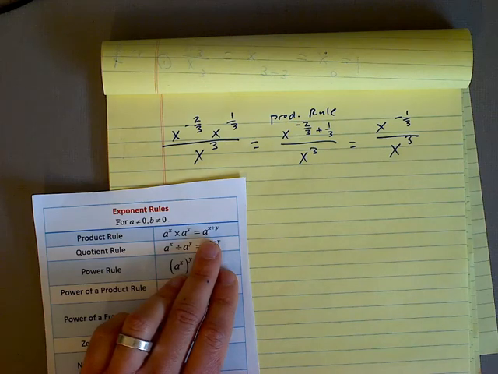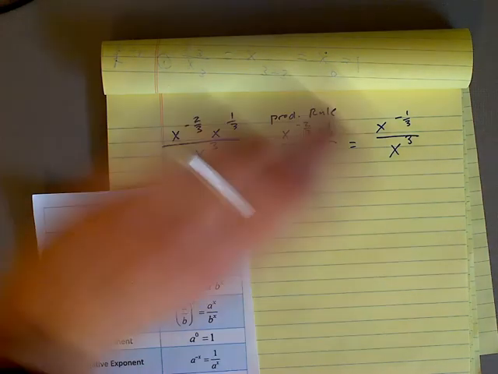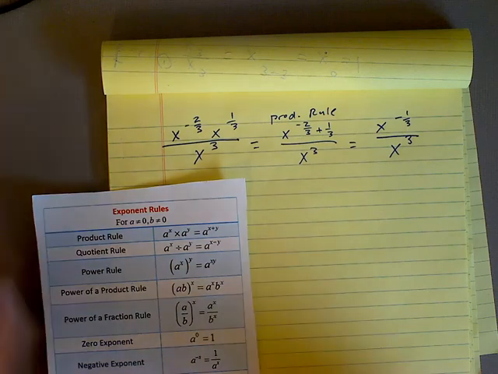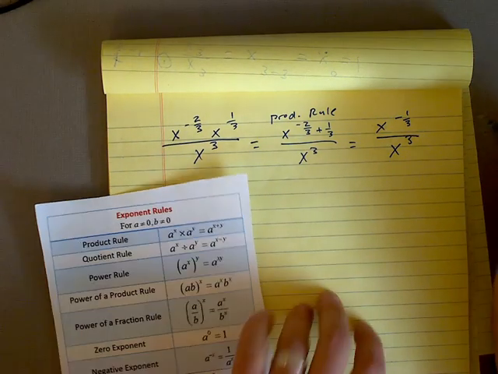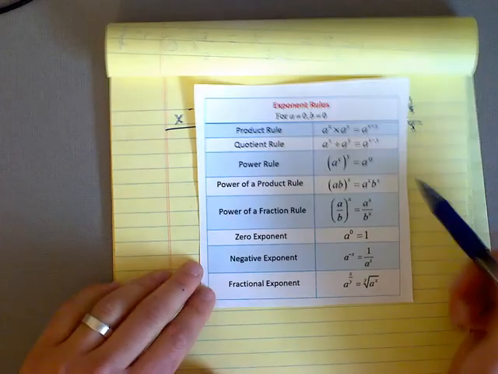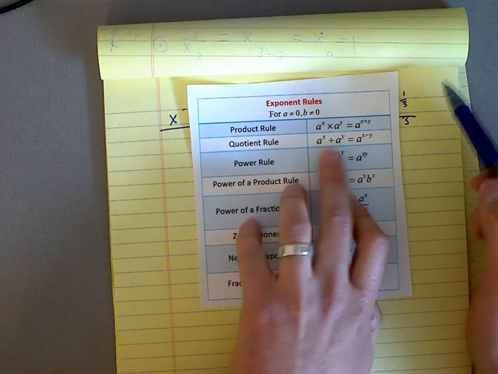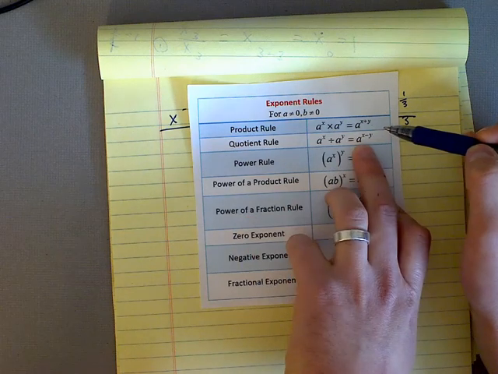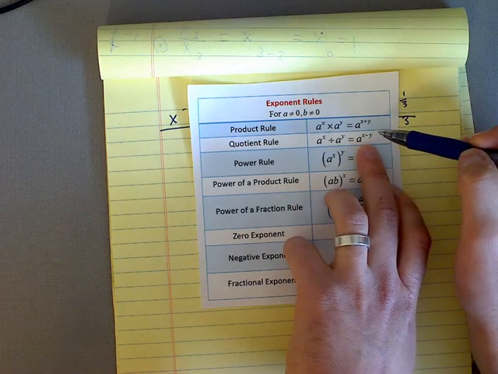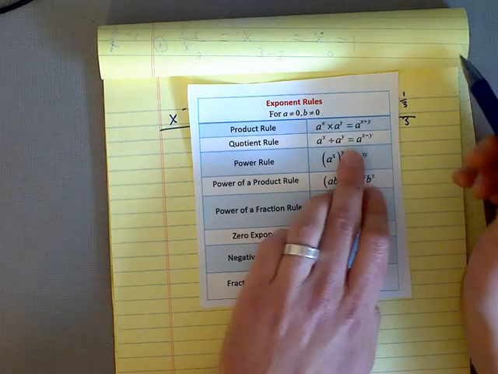So at this point, we're going to apply the quotient rule. The quotient rule says that if you're dividing, similar to the product rule, you end up subtracting your exponents, your powers, as long as they have the same base.